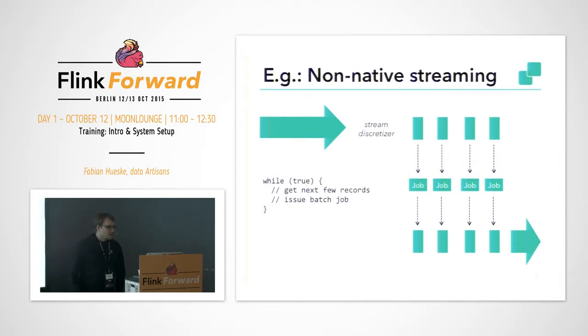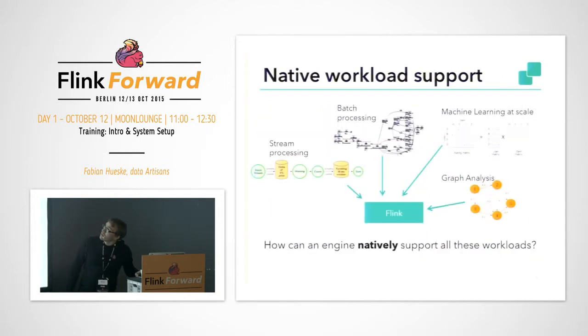A non-native integration would be to have an external stream discretizer, which just chunks the stream into parts, often referred to as mini batches, and then operate on these mini batches with one job at a time. And Flink is able to support all of these things natively because it has this pipelining streaming backend, which allows you to send the data continuously through the system.